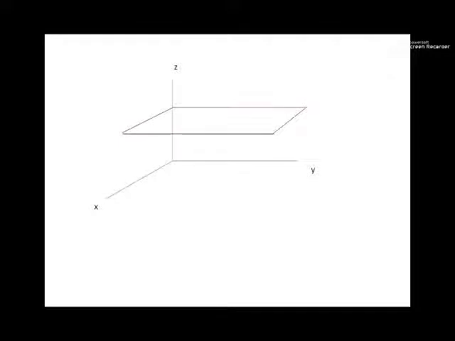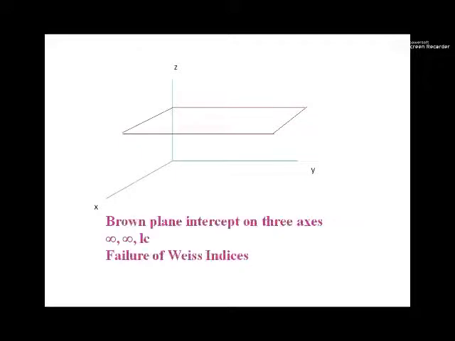You take these three axes xyz and this brown plane, right? So if you look at the system here, this brown plane never intercepts either the x-axis or the y-axis, but it intercepts at a fractional amount L times C along the z-axis, or 1 times C along the z-axis.